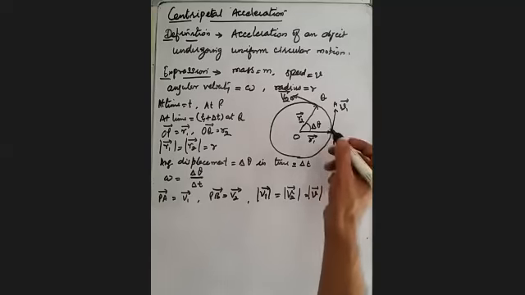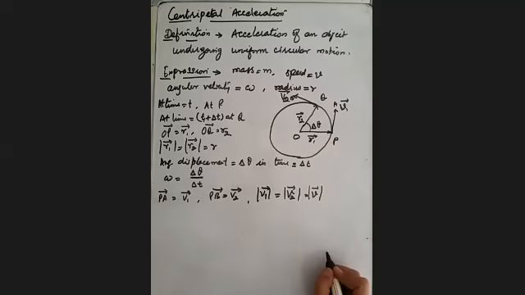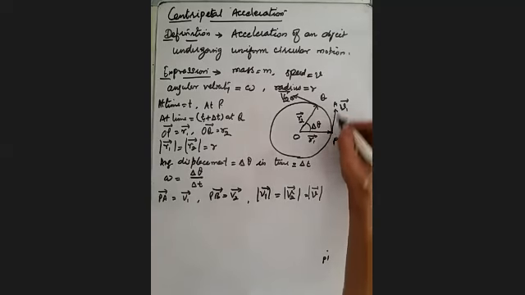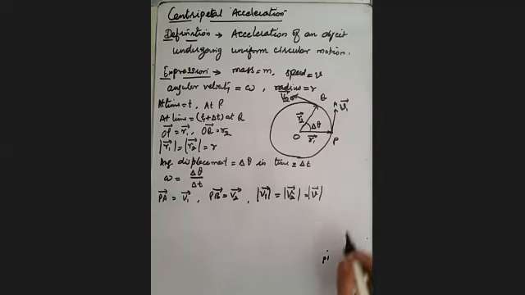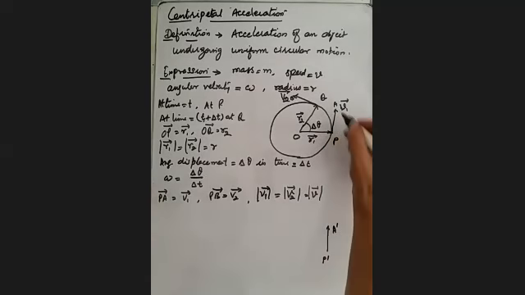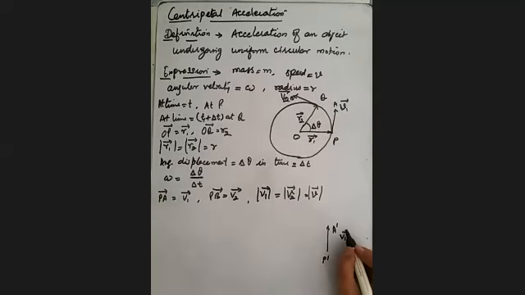To find out that change, let us consider a point P dash outside, corresponding to point P, and draw a vector P dash A dash equal and parallel to vector PA, which will represent velocity vector V1.